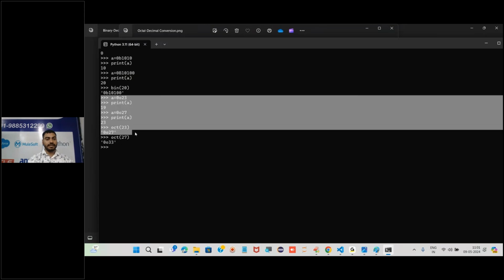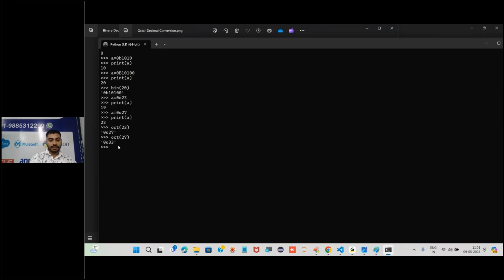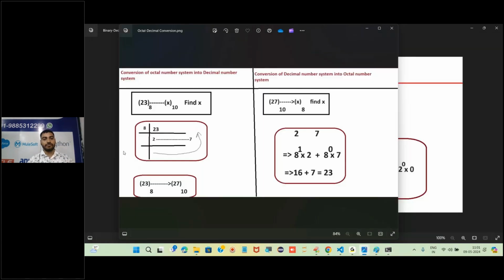Yes. So what mistake I have done here is conversion of 23 into octal, we are getting 27. But what we are doing here? Here we have to keep 27.